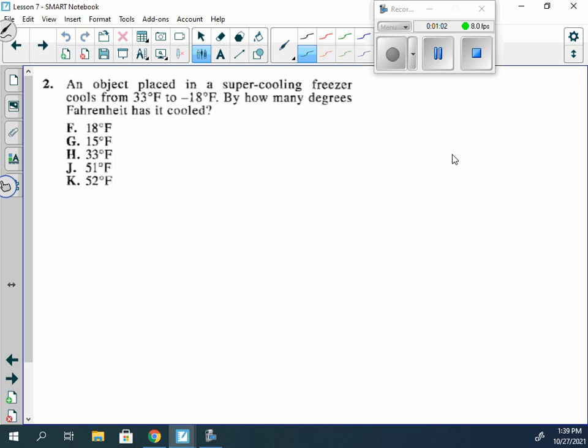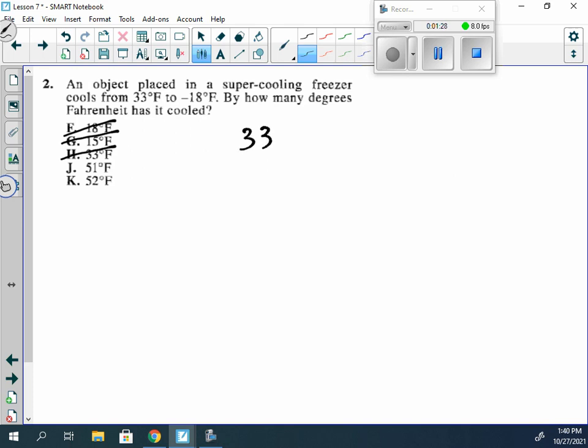So we're going from 33 to negative 18, yes? Just to go from 33 degrees to 0 is going to change how much? 33 degrees, yes? So can it be less than 33? No, so F, G, and H, because 33 degrees would get us to 0. It wouldn't get us to negative 18.